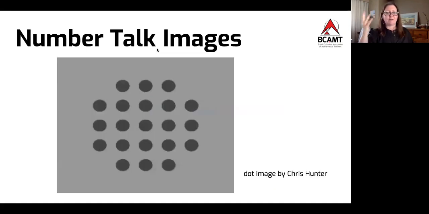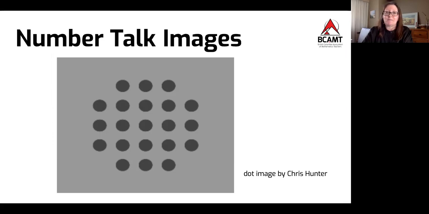All right. Next area, very much connected, another kind of instructional routine is called Number Talk Images. And Chris Hunter, who's with us today, submitted several of these dot images to the Number Talk Images website. So again, we'll take a few seconds and think about how many, and how do you know? How could you explain your thinking?